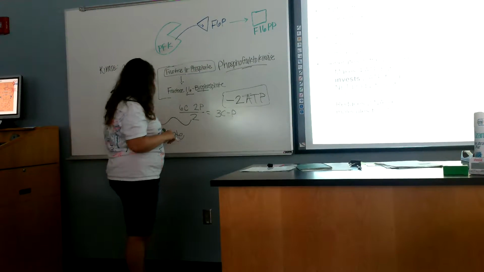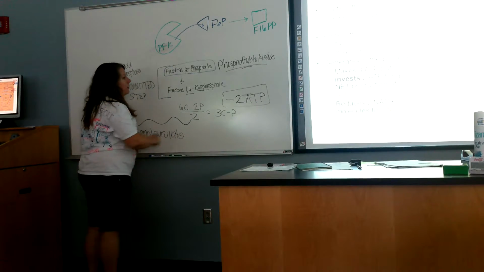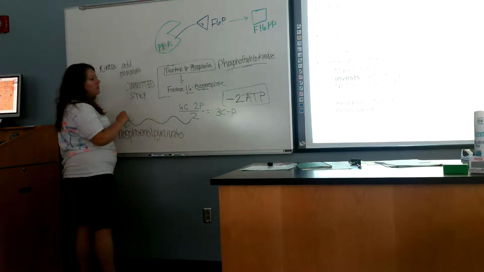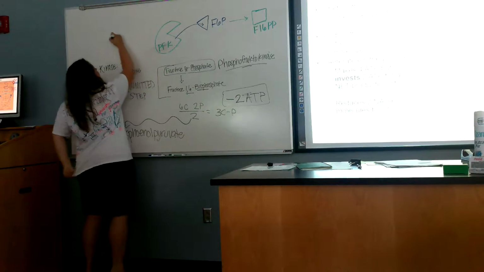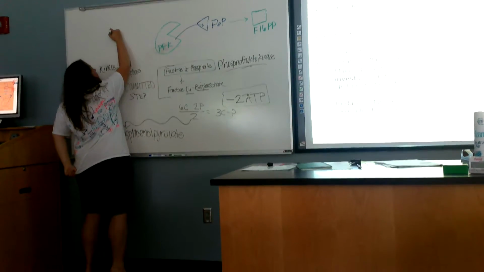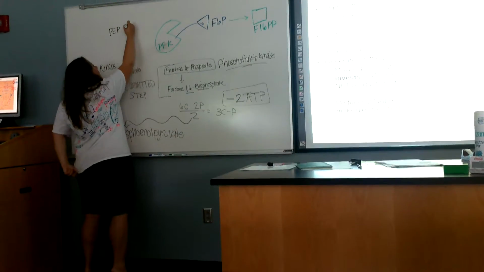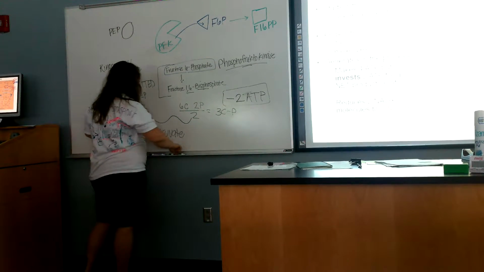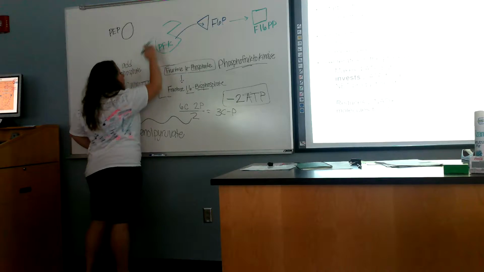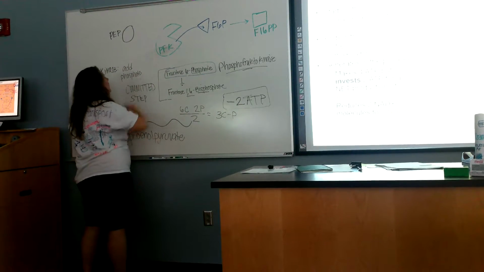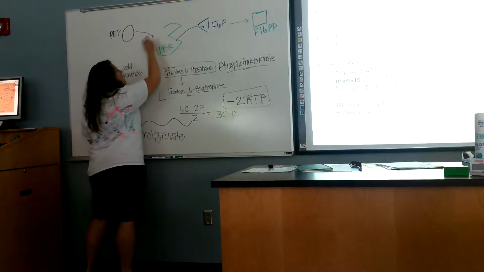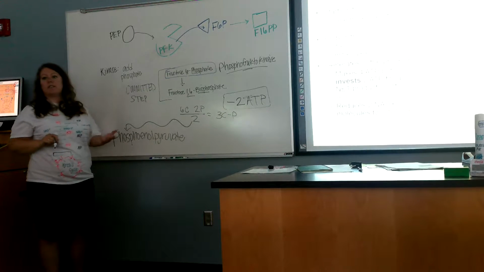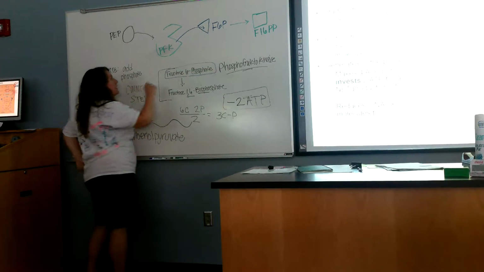Now, this enzyme is allosterically regulated by phosphoenolpyruvate, PEP. Let's say it's shaped like a circle. And so the PEP comes in and it binds at the allosteric site on this enzyme PFK.